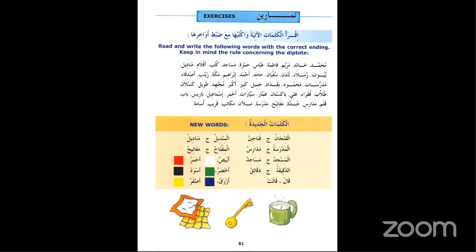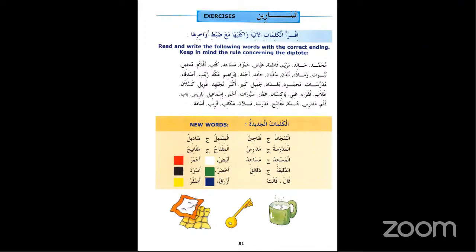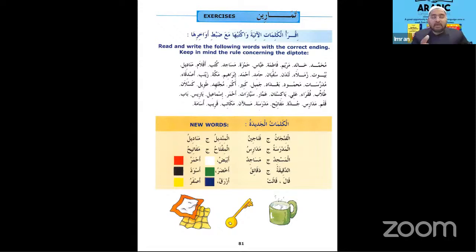So you will see that in each of these 3 states, a noun receives a dhamma or a dhamma tanween, or a fatha or a fatha tanween, or a kasra or a kasra tanween. This is the actual default position of each noun.